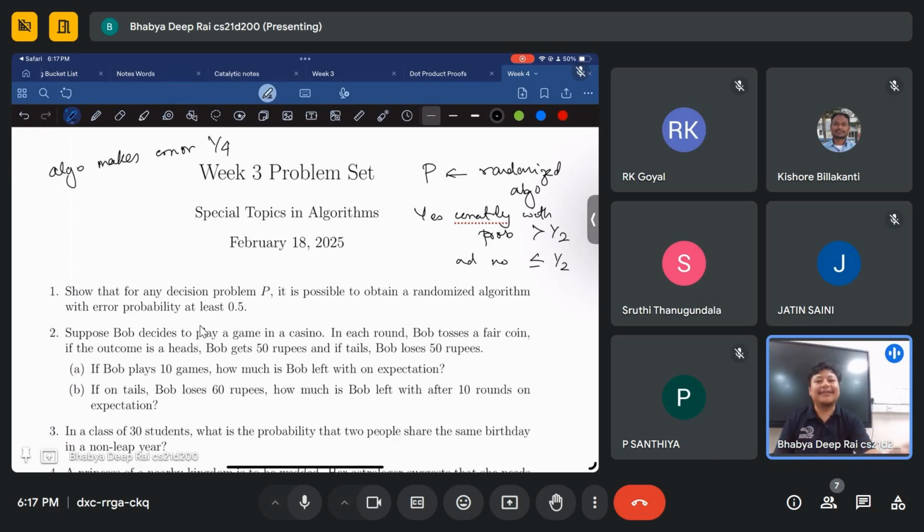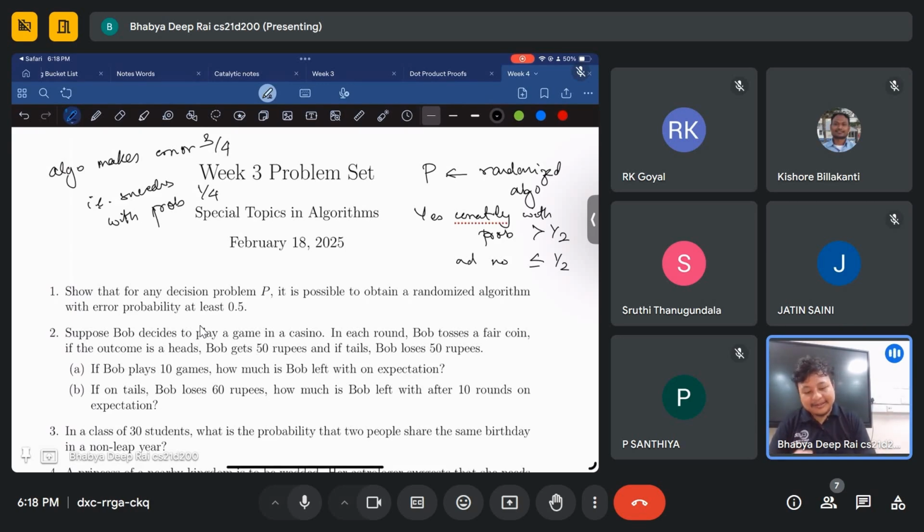Sorry, it succeeds with probability 1/4 and makes an error with probability 3/4. I claim that such algorithms are useless to me because the success probability is less than half. Now, why is it so? Any idea?